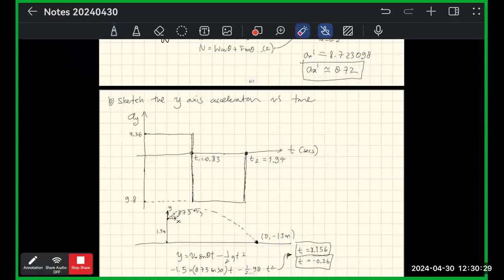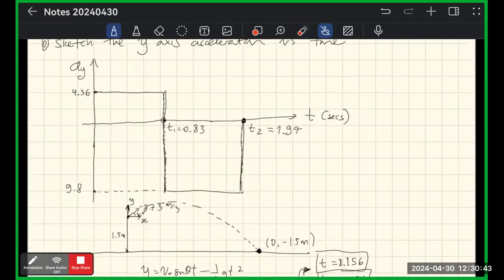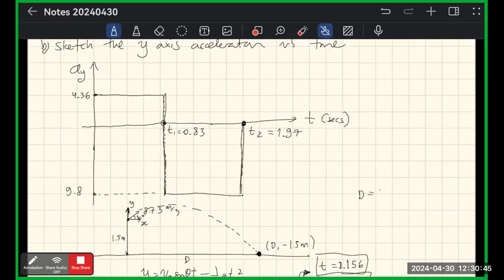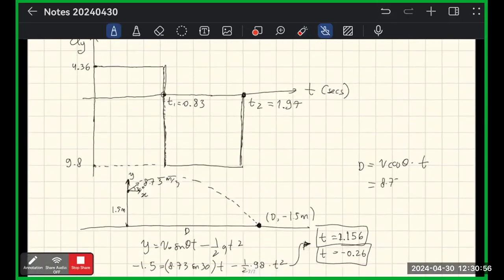Because we have the time it takes from here, for the horizontal axis it's moving with constant velocity. So d just equals vx, which is v cos theta times the time: 8.03 cos 30 times t, which is 1.156.